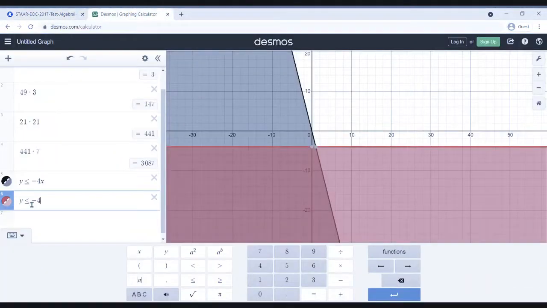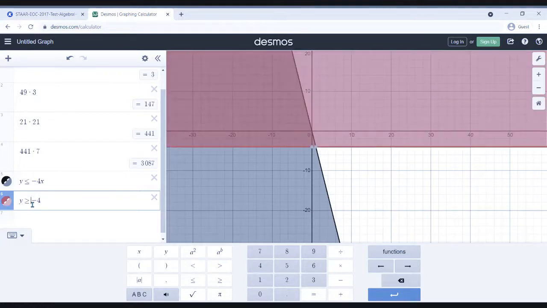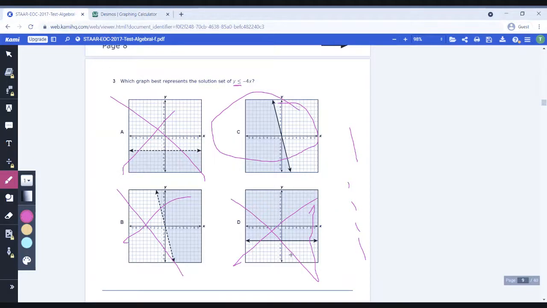Oh wait, no, that's less than. Y is less than. So this one is y is less than or equal to negative 4. You didn't have to graph it, you can just tell because it's going that way. So this one would be y is greater than or equal to negative 4. But that doesn't really matter.